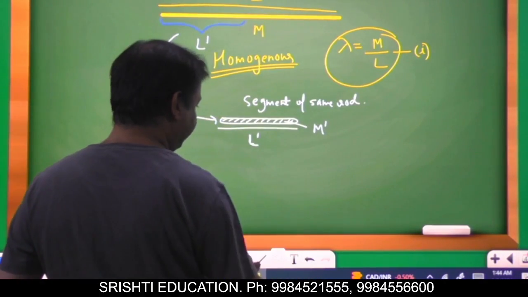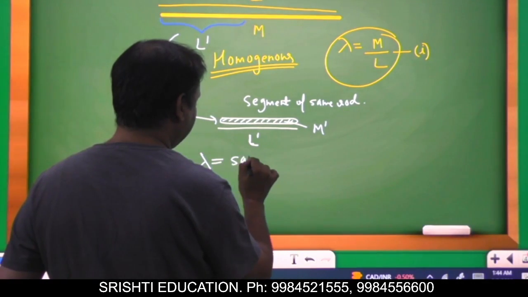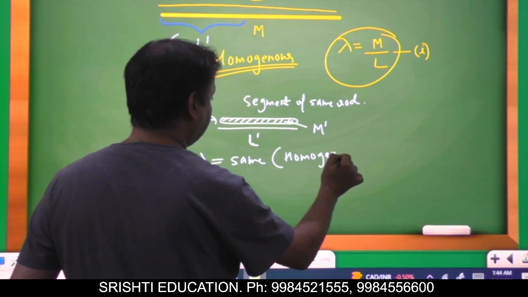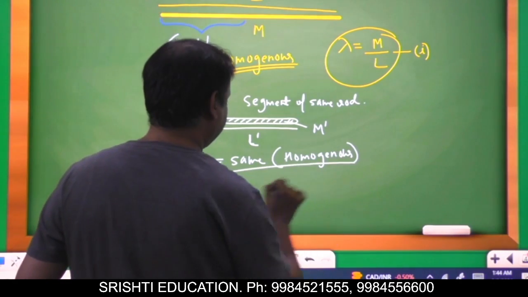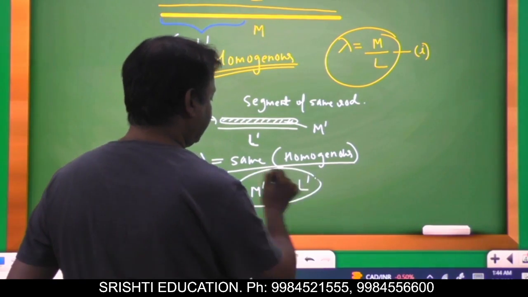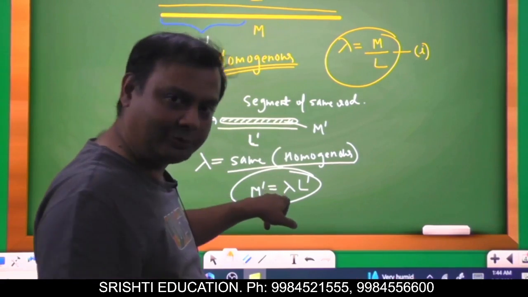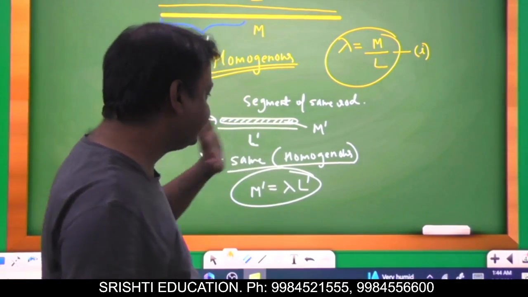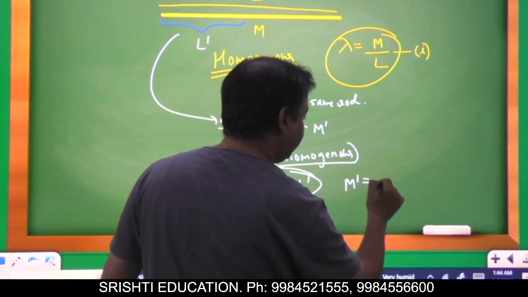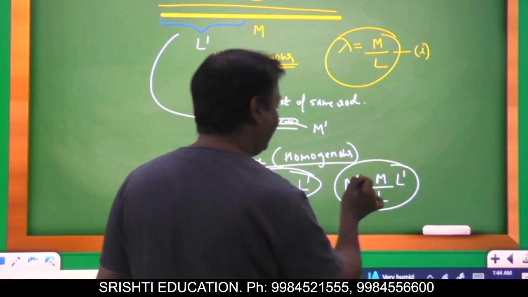Since lambda will be the same, don't write lambda as lambda dash, lambda will be the same as the rod is homogeneous. So M dash you can write as lambda into L dash, correct? The mass of this segment will be lambda of the rod, multiplied by the length of this segment. So M dash will come to be, putting the value of lambda, M divided by L into L dash. This will be the value of M dash.